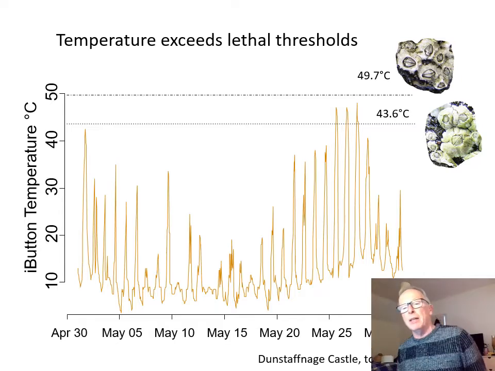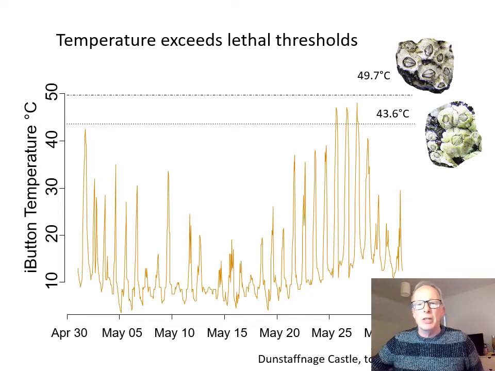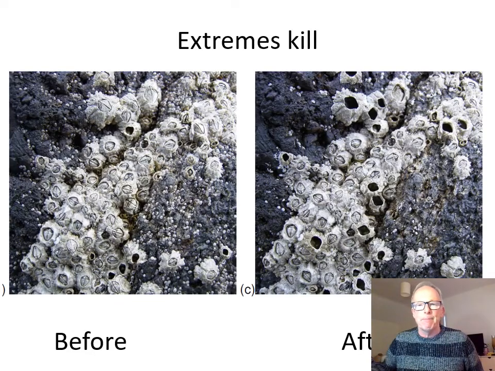Semibalanus balanoides is killed above about 44 degrees centigrade, and Thalamus needs a temperature of nearer 50 degrees centigrade to kill it. So you can see over this period here, the cold water species was experiencing lethal temperatures on at least 3 days out of that period.